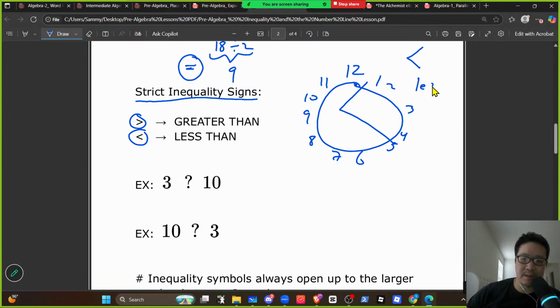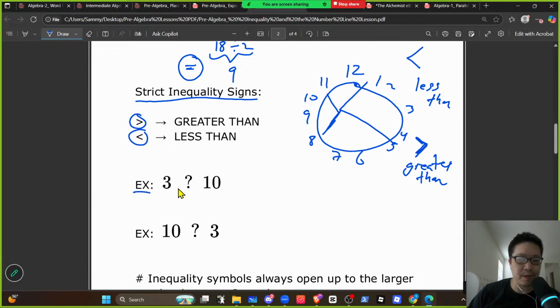That's how you know it's less than. If it opens up to the left, notice how all the numbers are larger: 7, 8, 9, 10, 11, 12. So that's how you can remember that when an inequality sign opens up to the left, it means greater than. All right, so let's compare some numbers.